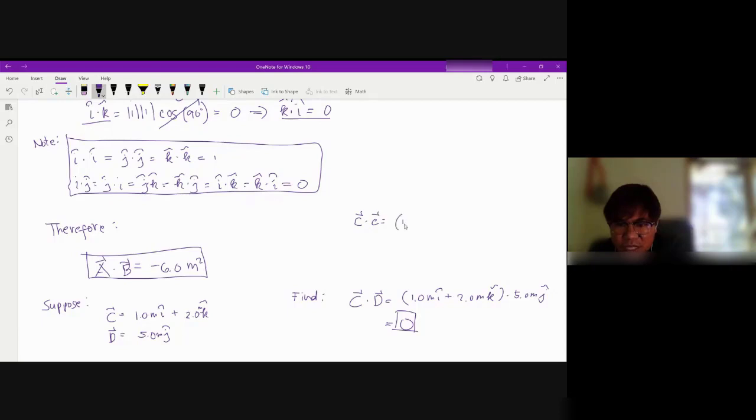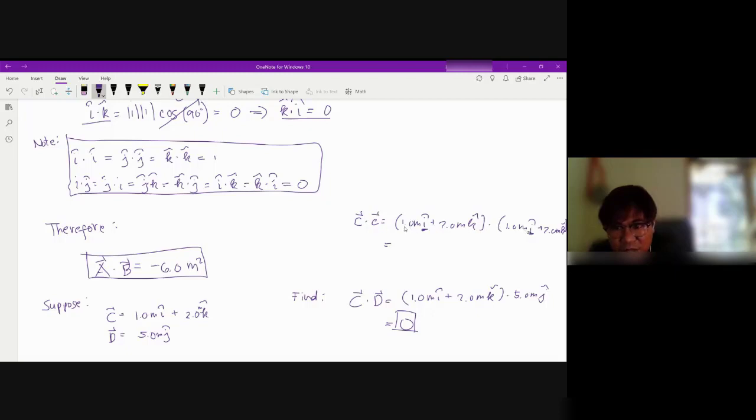So this is actually 1 meter I hat plus 2 meter K hat, times itself. What is the answer, class? Only the terms with the same unit vector contribute. Technically you need to multiply everything, but we've learned that only the same unit vectors contribute. This one and this one.